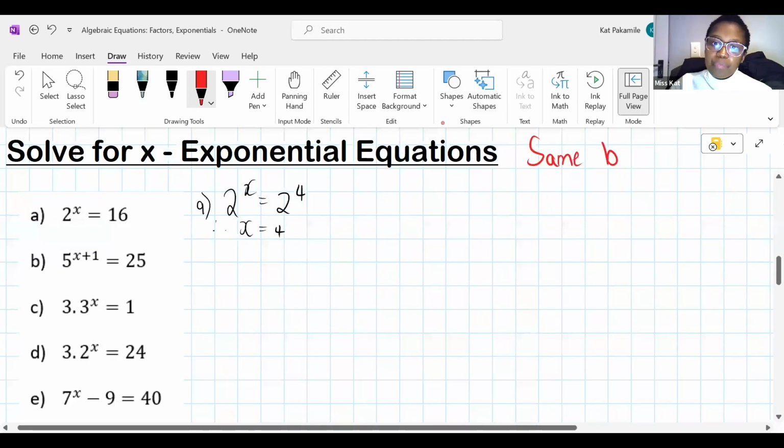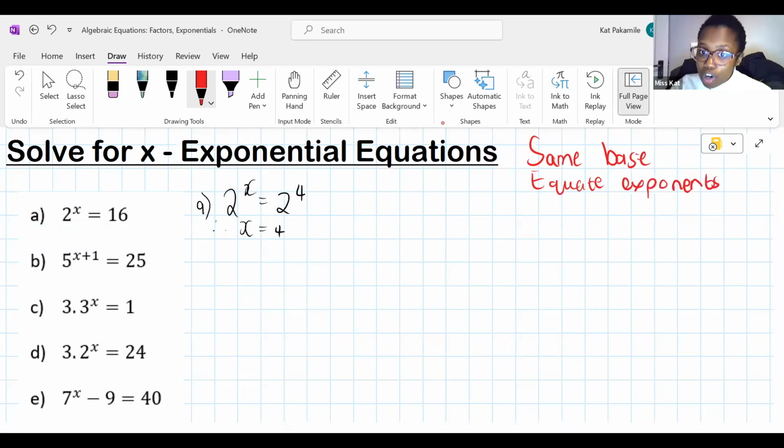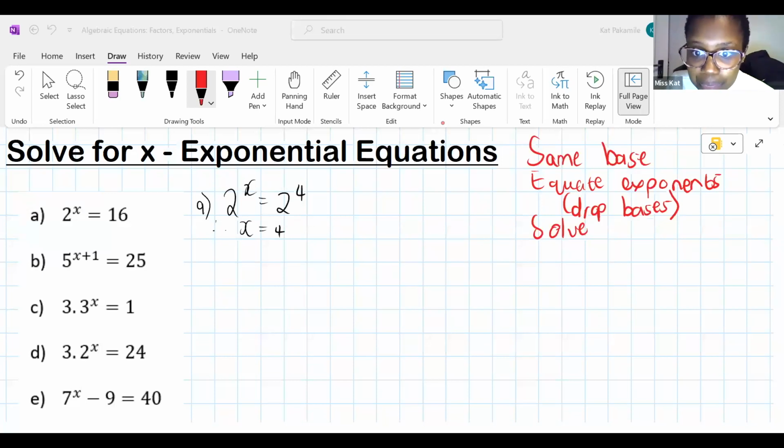Then step 2 is either equate exponents, which means make them equal, or drop the bases. And then step 3 is just solve. Now we have our steps.